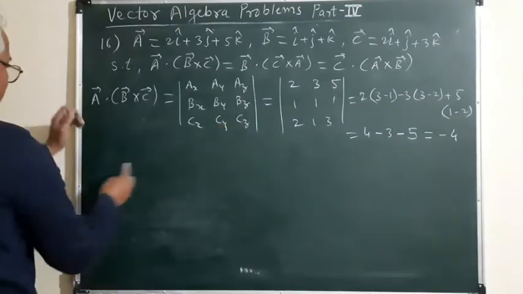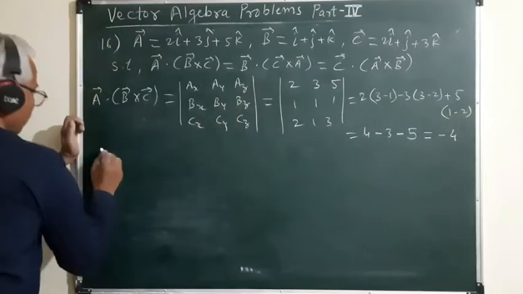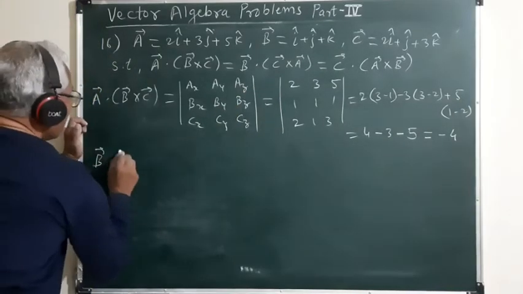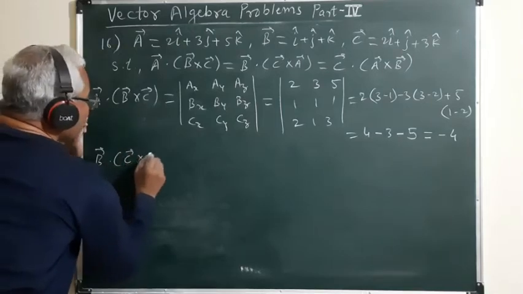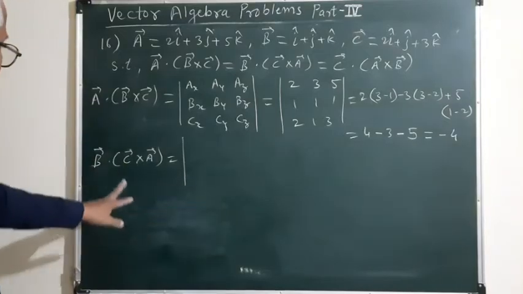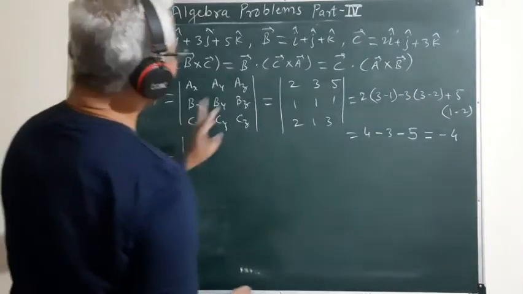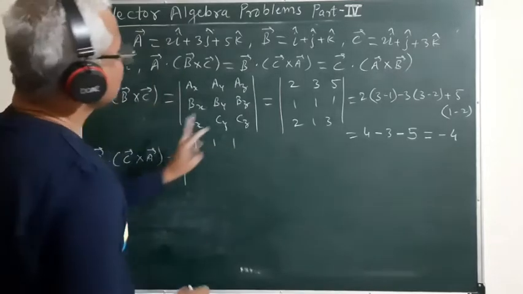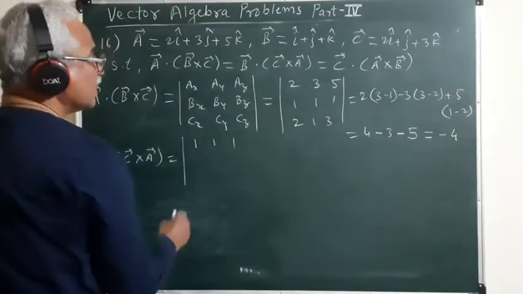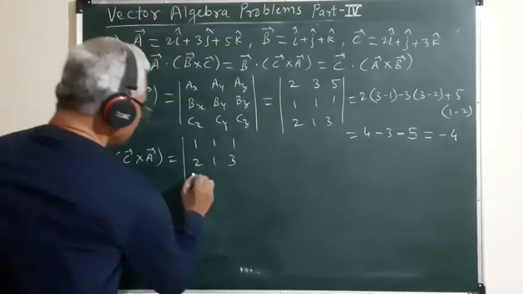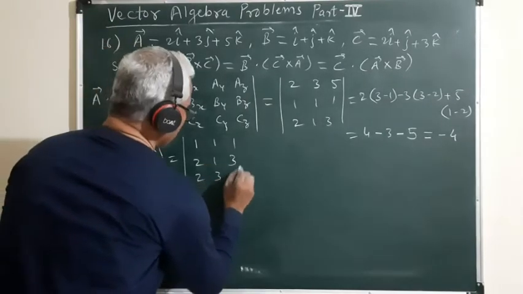Then let us evaluate the second scalar triple product, that is B bar dot C bar cross A bar. So this is expressed as the determinant of bx, by, bz, that is 1, 1, 1, cx, cy, cz 2, 1, 3, and ax, ay, az 2, 3, 5.